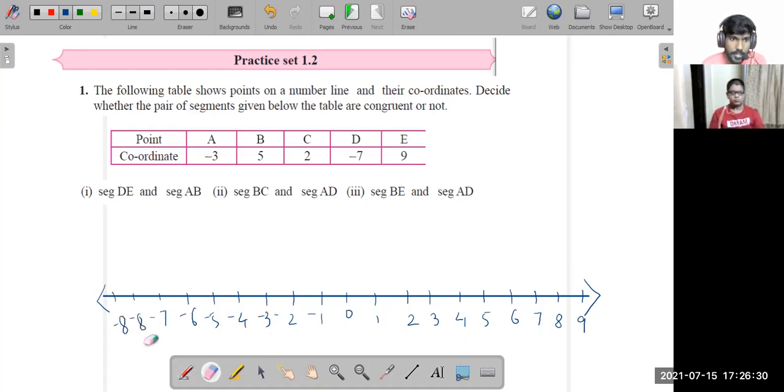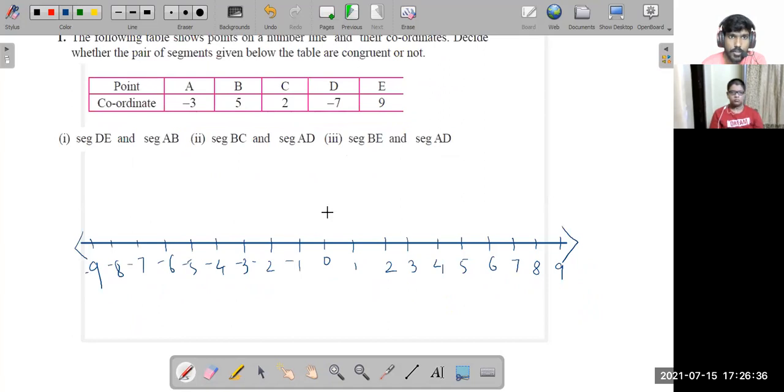Okay, let's write the coordinates. So A is -3. This is A. B is 5. This is B. C is 2. This is C. D is -7.